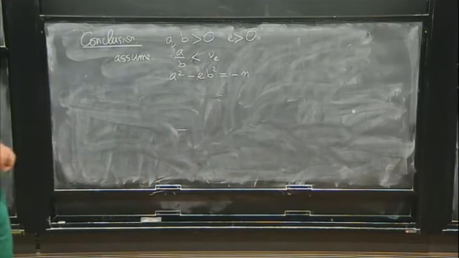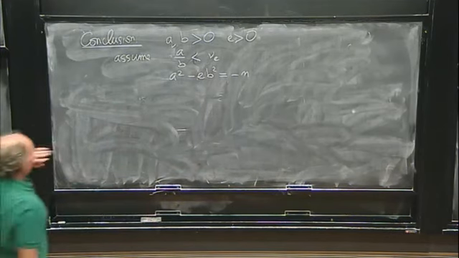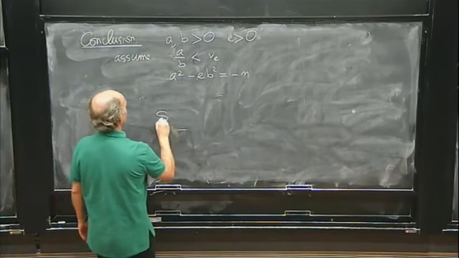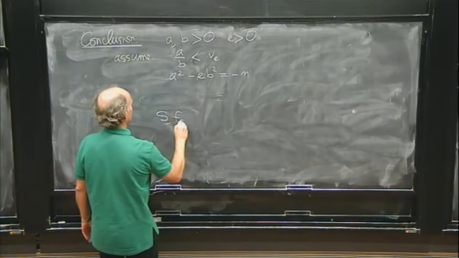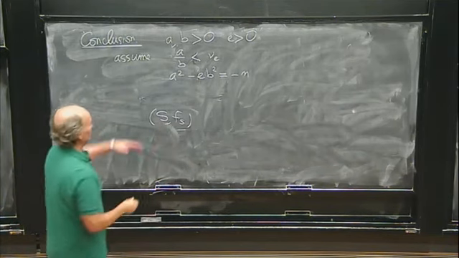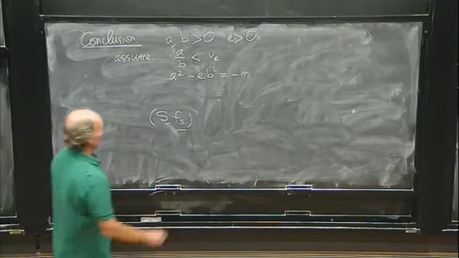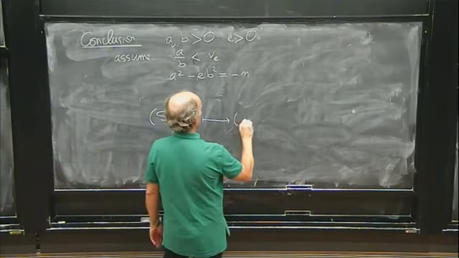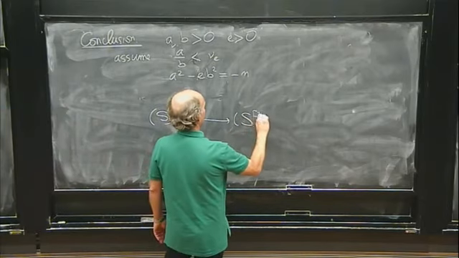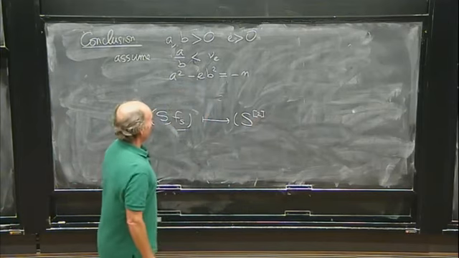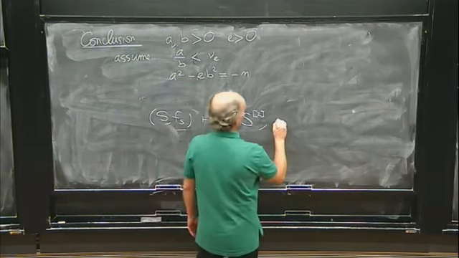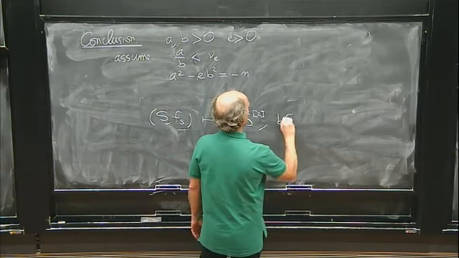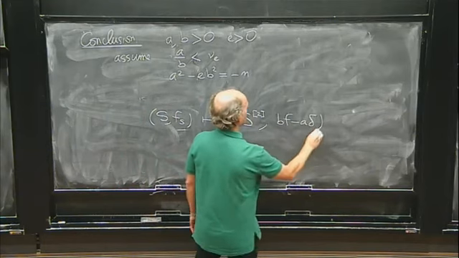Then what this construction tells you is that you can take a polarized K3 with a polarization of degree E, and you can send it to its Hilbert square with polarization BF minus A delta.